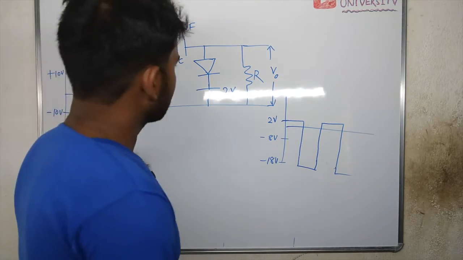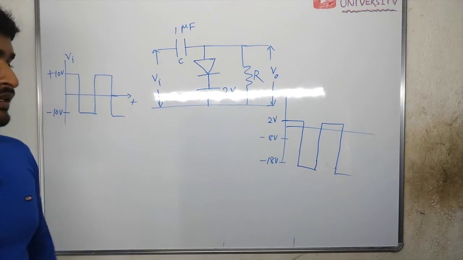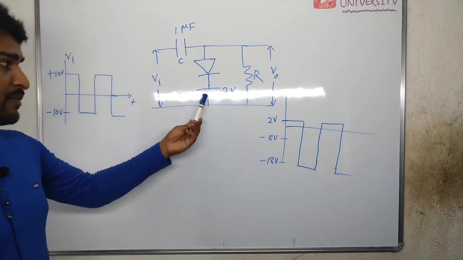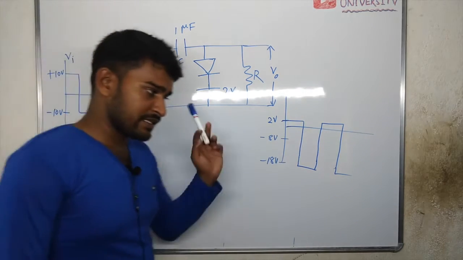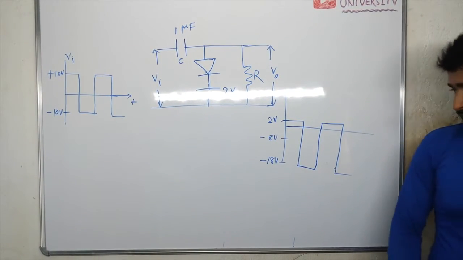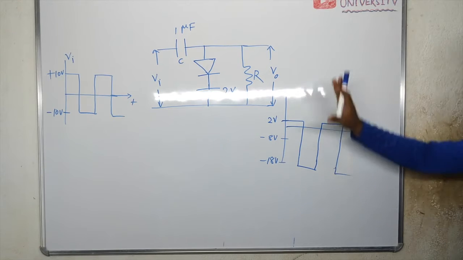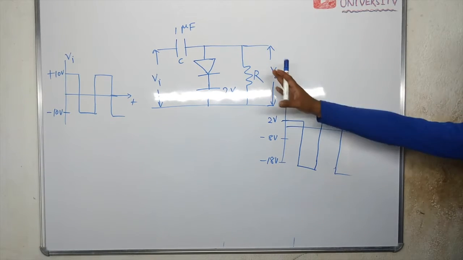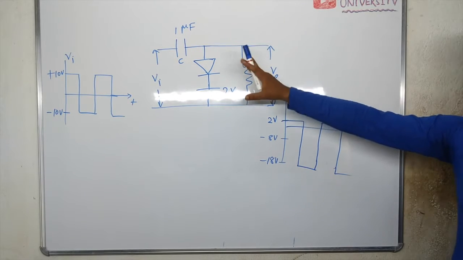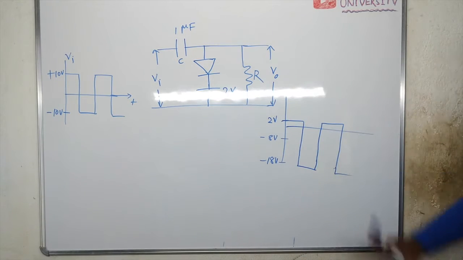Option is D, because it is a negative clamper. It will clamp its positive peak of output to the reference voltage 2 volt. This is your reference voltage 2 volt. But it is not the exact output of this circuit because it is a practical clamper. If it were an ideal clamper with no resistance, then this is the correct output.